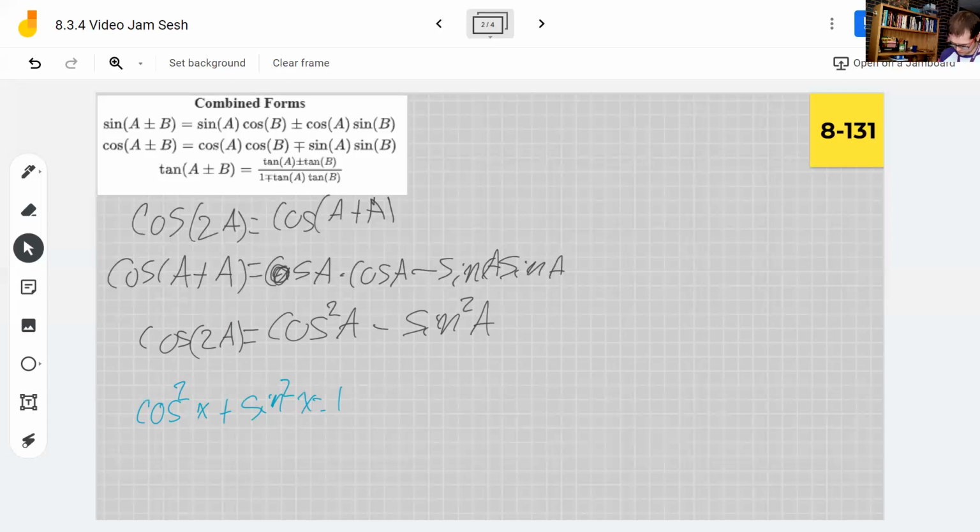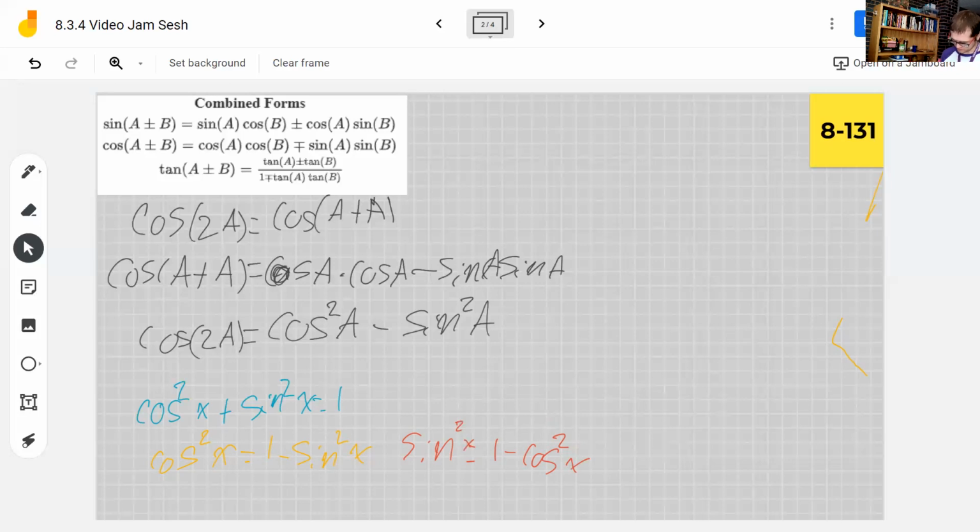So if I solve it for cosine, I get cosine squared of x equals 1 minus sine squared. If I solve for sine, I get 1 minus cosine squared of x. Now, depending which one we use, we can get two different things from this.